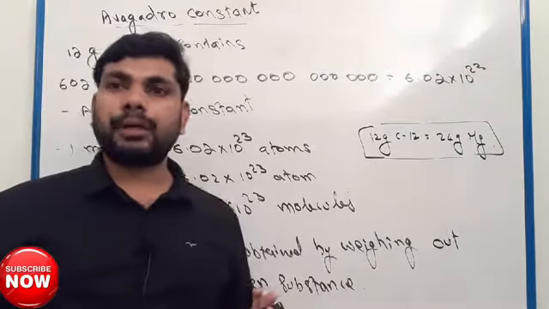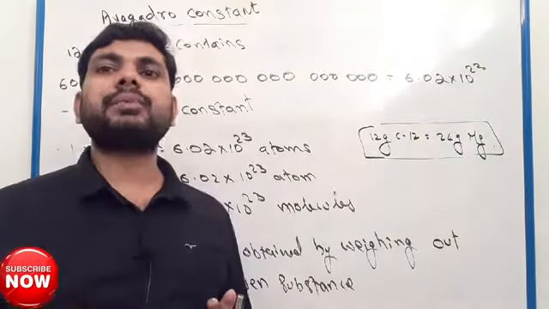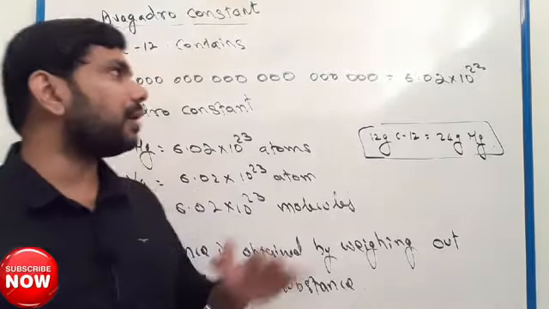This many atoms are present in 12 gram carbon 12 isotope.